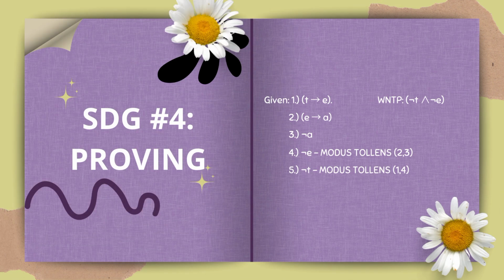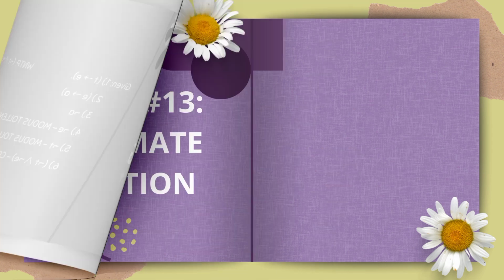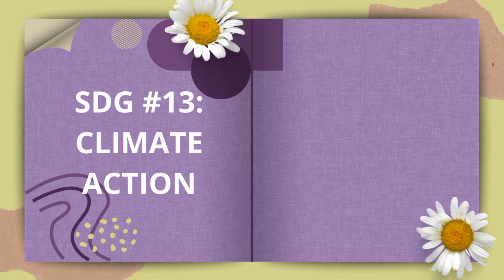Number 5 is negation of T, which is obtained by modus tollens of 1 and 4. Lastly, number 6, we prove negation of T and negation of E, which is obtained by conjunction of 5 and 4. The next is SDG number 13, which is climate action.